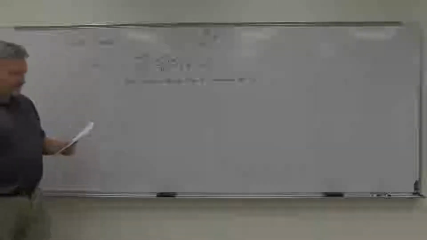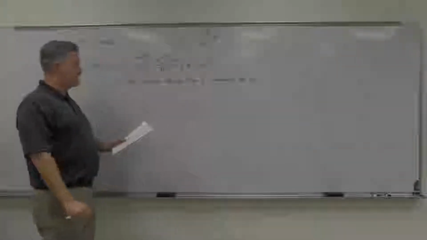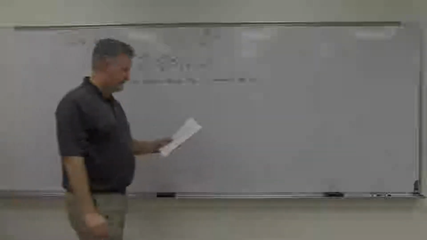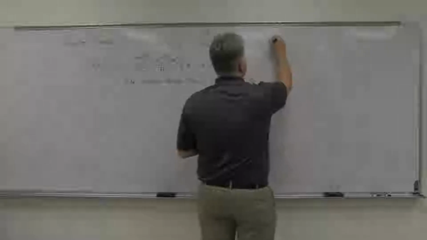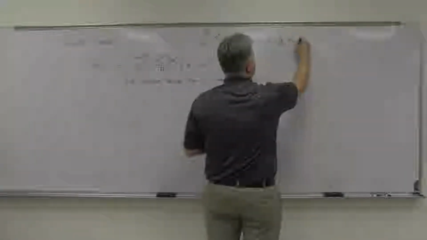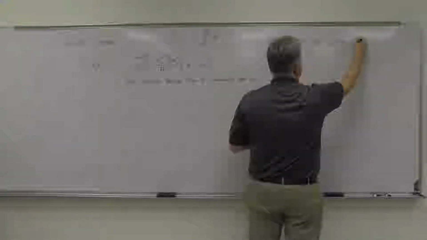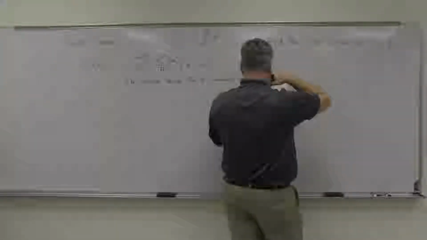All right, so let's try one here. Let's find the Taylor series for f of x equals 1 over x, centered at a equals 1.